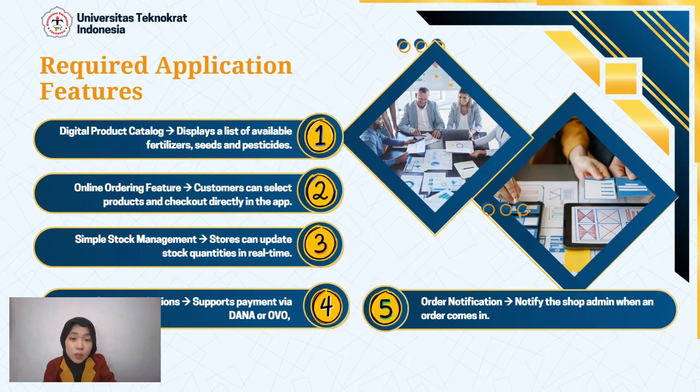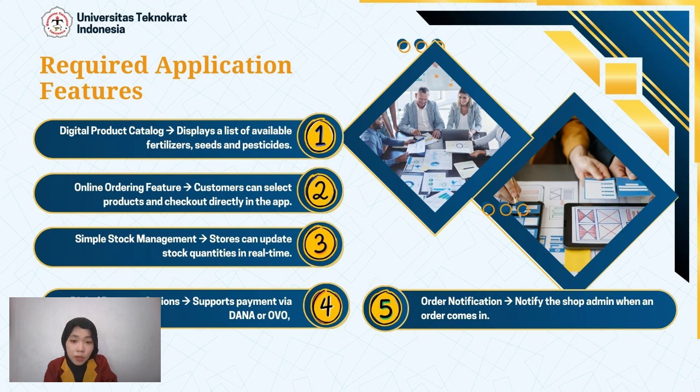Next is required application features. We have 5 points. The first is a digital product catalog, which displays a list of available fertilizers, seeds, and pesticides. The second point is an online ordering feature. A customer can select products and check out directly in the app.